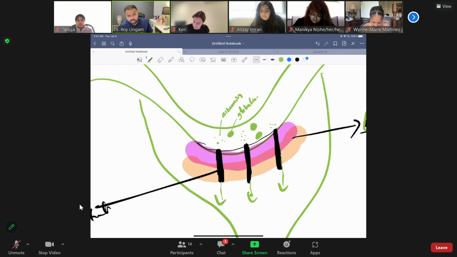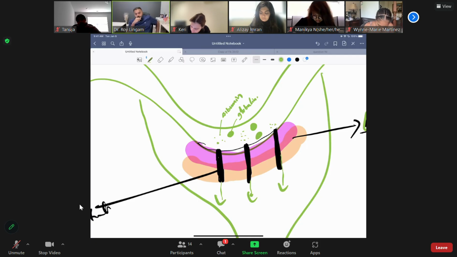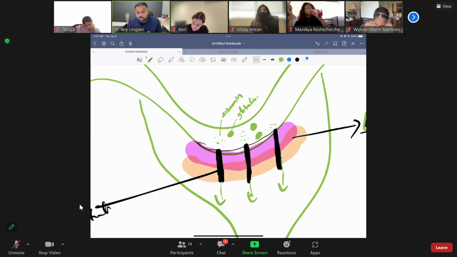One is very tiny, the other one is bigger. So we have two different types of protein, folks.